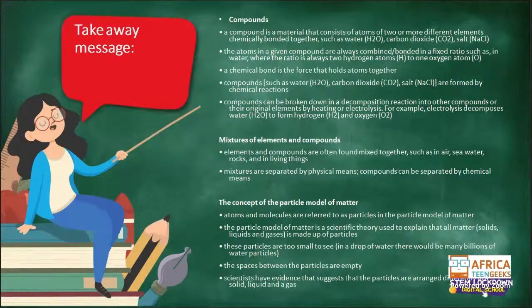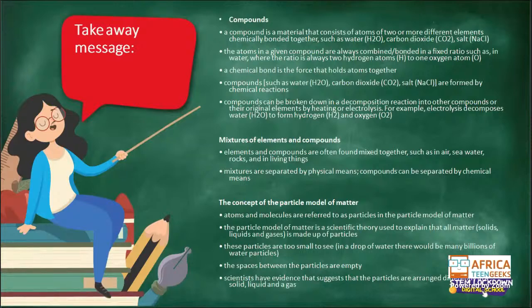So even the shirt you are wearing, the phone you are using, the pen you are using to write, they are all made up of particles. These particles are too small to see. For example, in a droplet of water, there can be many billions of water particles. And then we said the spaces between the particles are always empty.